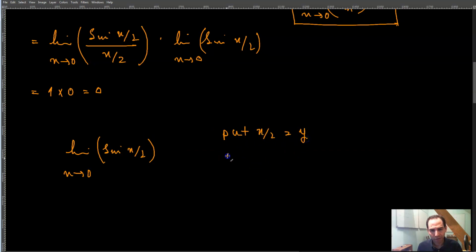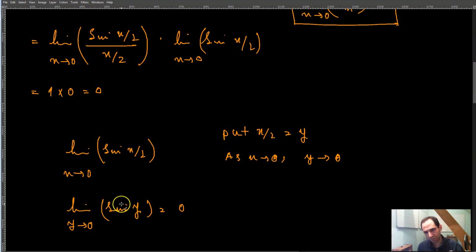Now as x tends to 0, of course y tends to 0, right? Because as x tends to 0, this becomes 0, and then this is equal to that. So then you can write this as the limit of sine y as y tends to 0, and this becomes 0, because at 0 the sine function approaches 0. So that becomes 0, and therefore this is equal to 0.